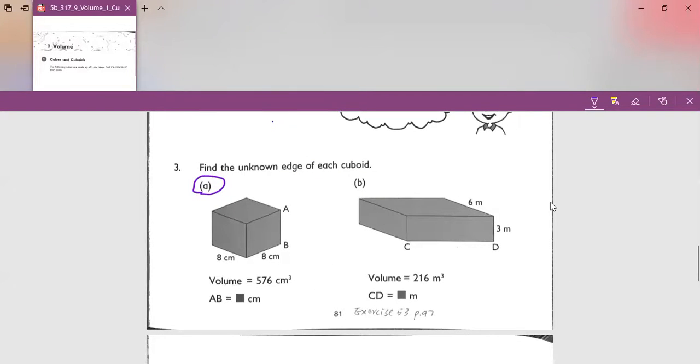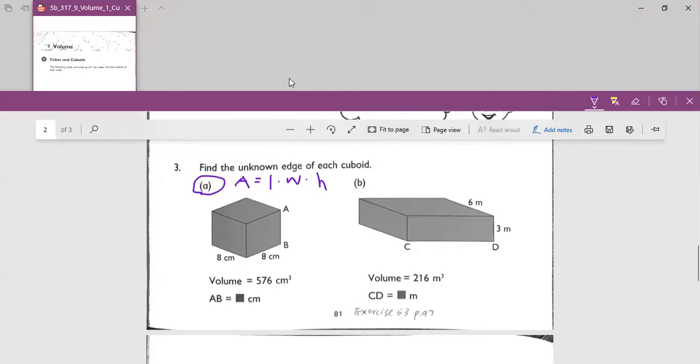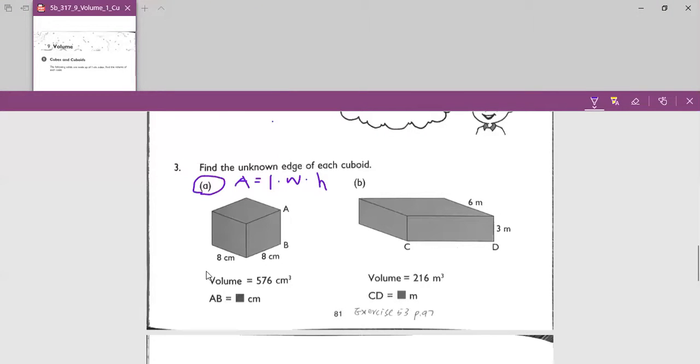Grace, can you tell us the length, the width, and the height for question A? What is the length? 8. Yes, very good. And then the width? 8. Yes. And then we want to figure out the height. We don't know the height.